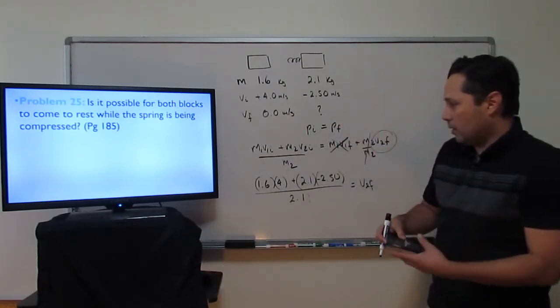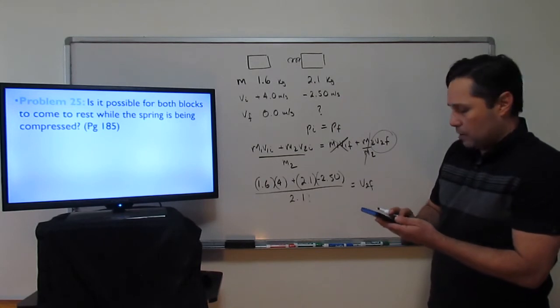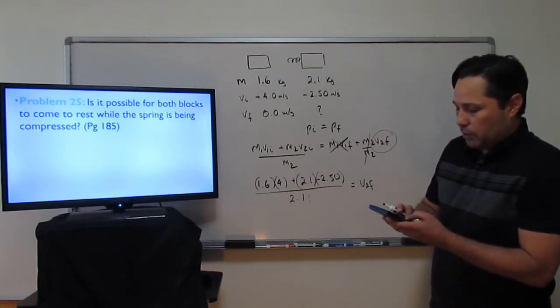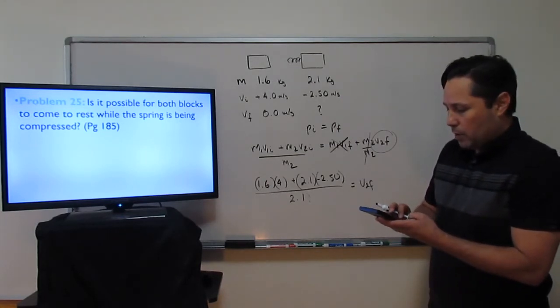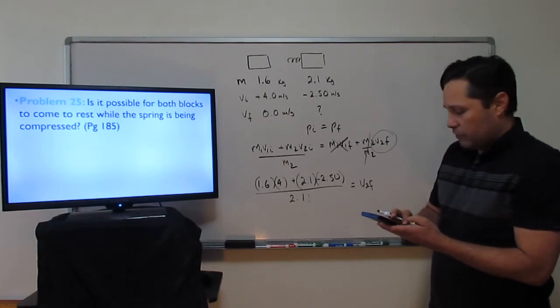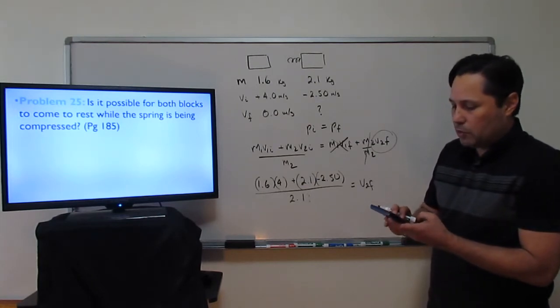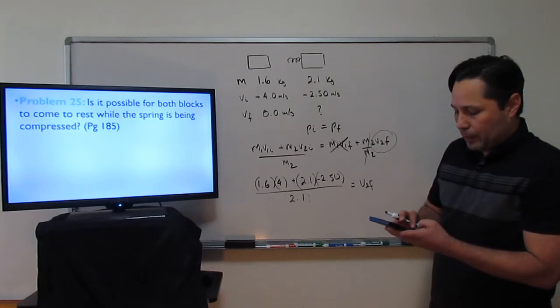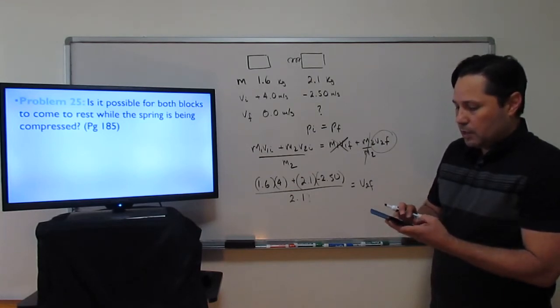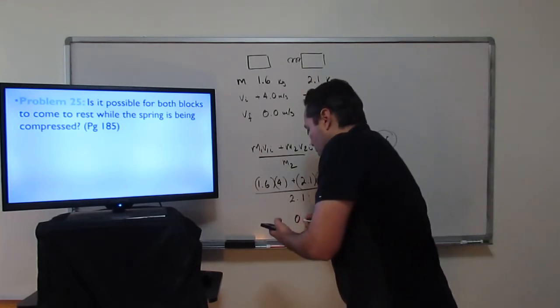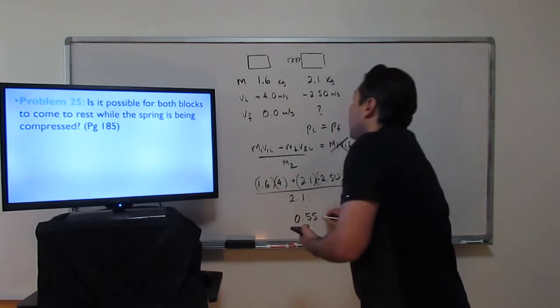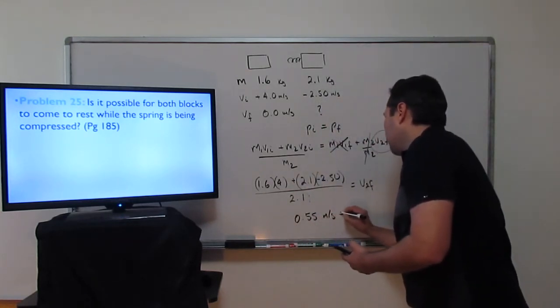Plug it into the calculator: 1.6 times 4 plus 2.1 times negative 2.5, close parentheses, equal, gives 1.15, divided by 2.1, gives a velocity of 0.55, and this is in meters per second.